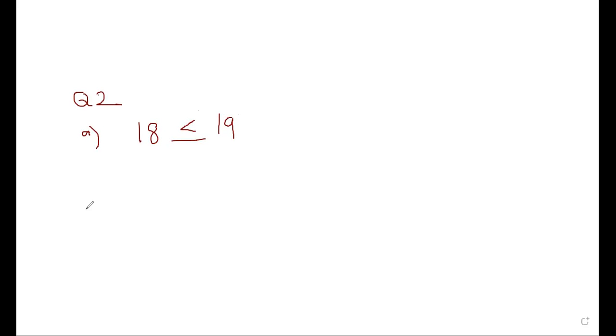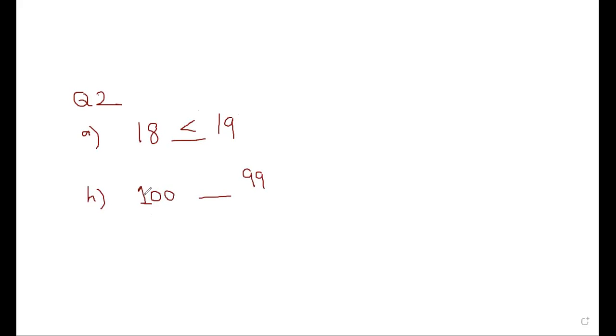I am going to do another part of this question, that is 100. On the left hand side we have 100, and on the right hand side we have 99. Again, the crocodile is very hungry. He wants to eat much more.